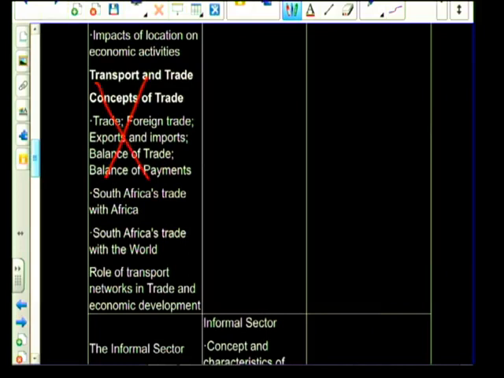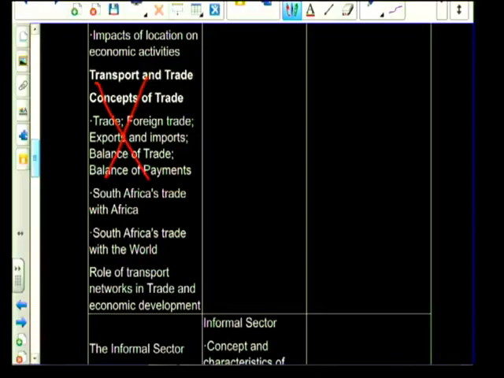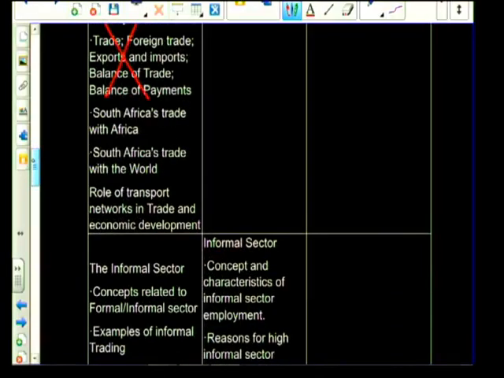This section is out, all right, with regards to trade. You're not being tested on that. But trade plays an important part in terms of our tertiary, etc. So what I'm saying is to go over it, because it will assist you in terms of your understanding of other aspects. All right, we talk about the role of transport, etc.